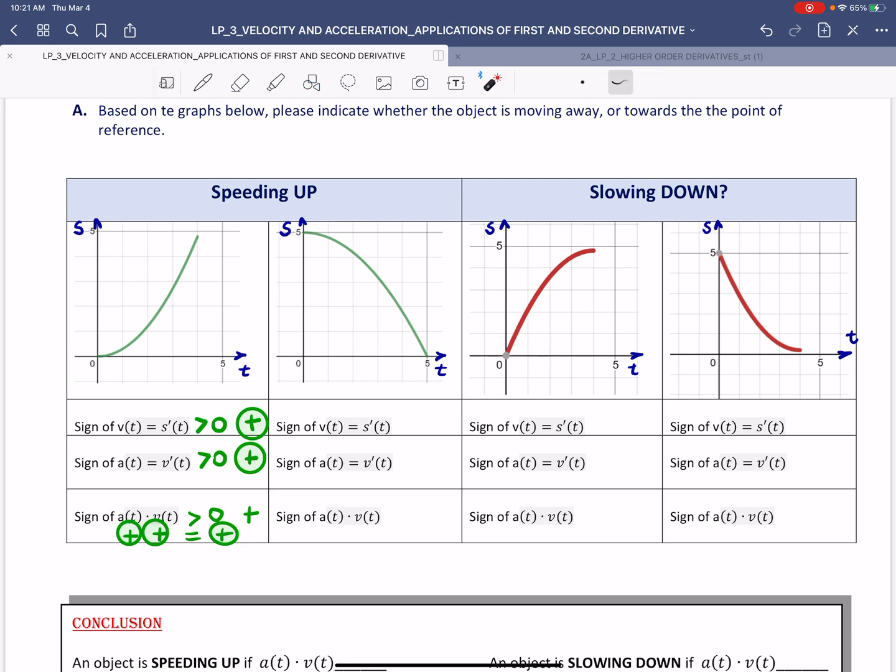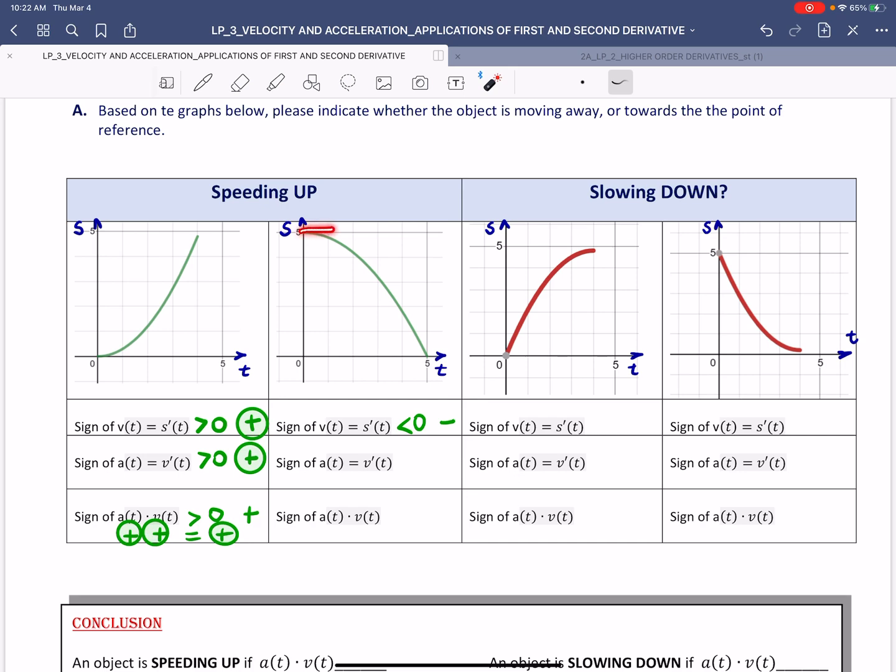In the next example, the velocity, which is the rate of change of position measured by the slope of the tangent, is negative all the way here. So velocity is less than 0, or negative. Acceleration, on the other hand, look at it this way.